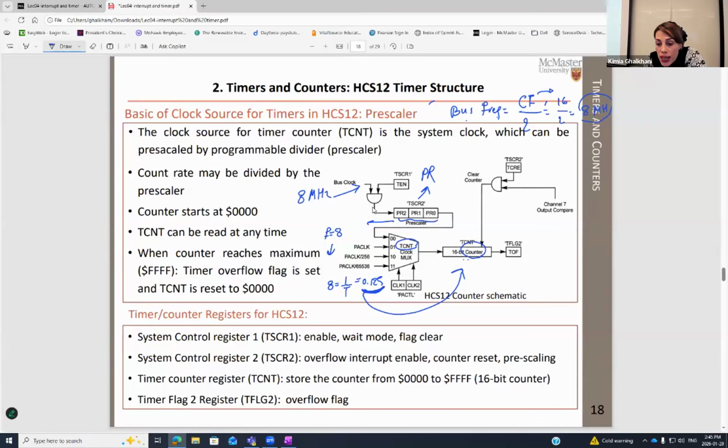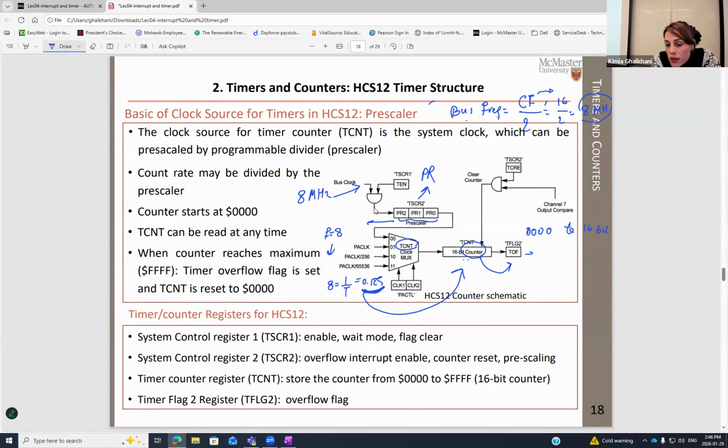And after that, this is the flag. And in here, the counter reaches, for example, 0000. If the counter goes up to 16 bits, what will happen? This is 16 bits. Then the timer overflows.